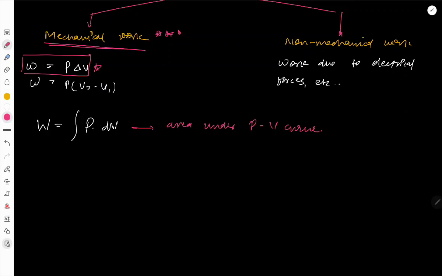And now there are some basic sign conventions which we will follow.